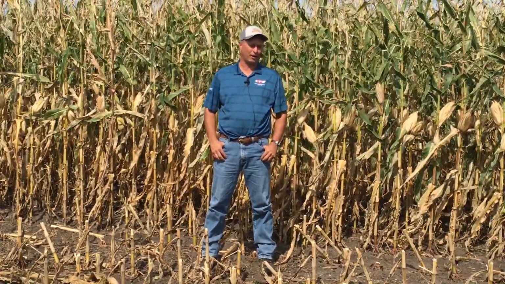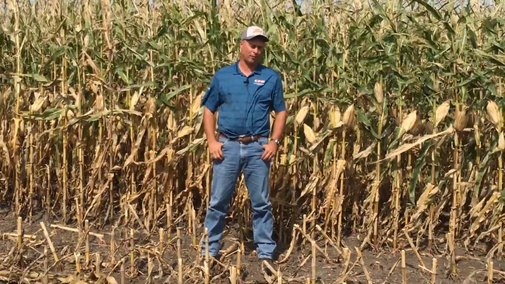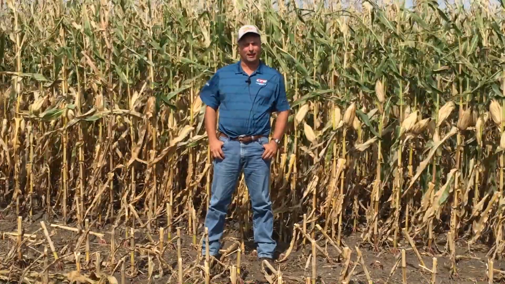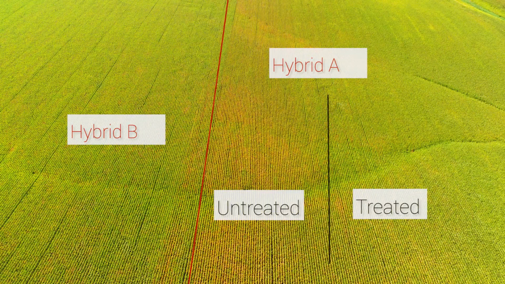So I wanted to get out and look at a field and where we can find that line and can see what we're seeing for differences. We've also got some footage I flew of the same field with a drone. So the first image here we're looking at is where the field layout is.